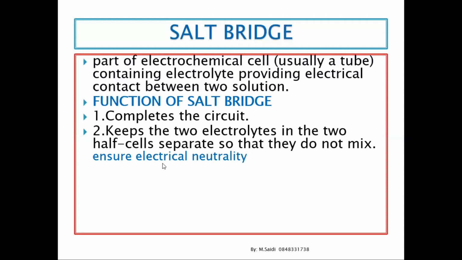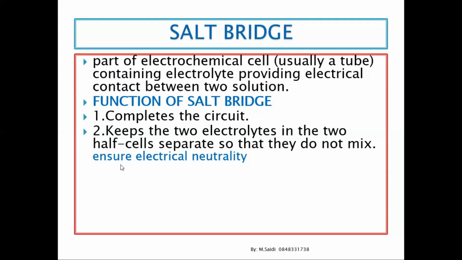However, it ensures electrical neutrality. These 2 must be neutralized. If they are not neutralized, then the cells will be impaired and will not work anymore. So what it does is bring about an ion exchange.